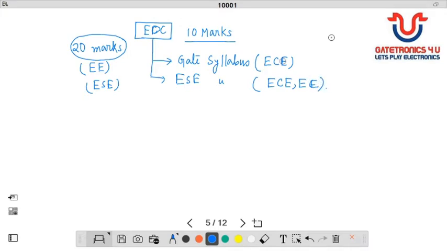In this lecture series, the syllabus for GATE and ESE are near about the same. There are some differences between the syllabi. So let us see what happens if we compare the syllabus of GATE and ESE.